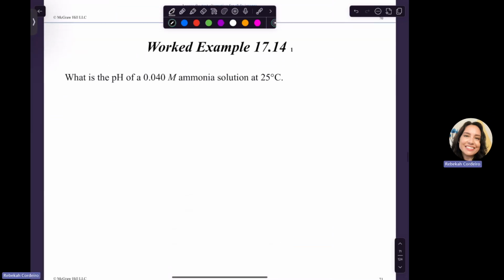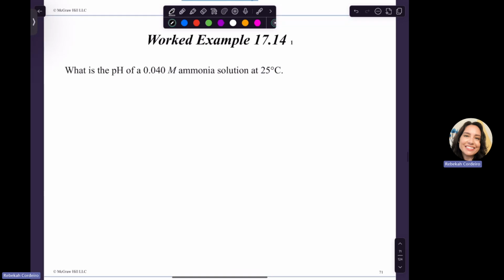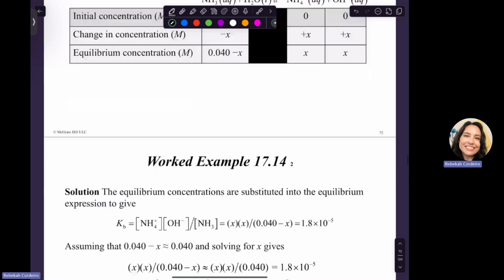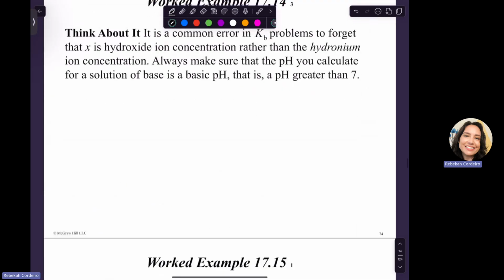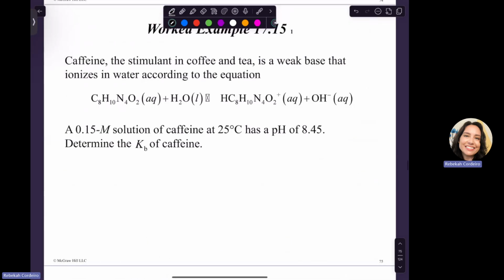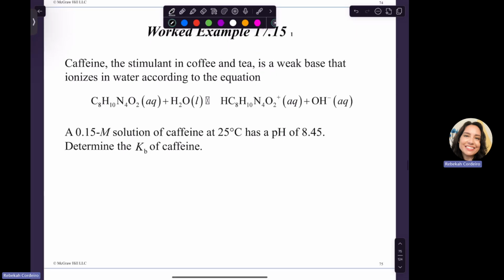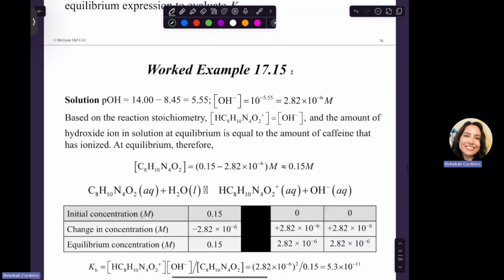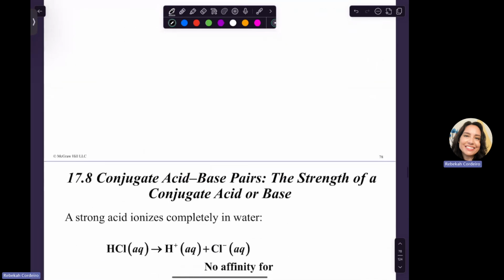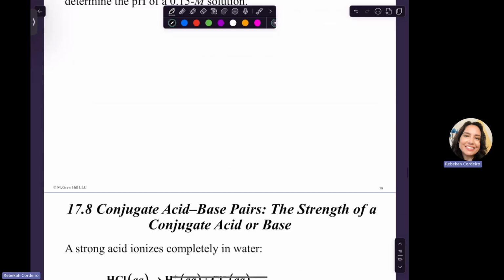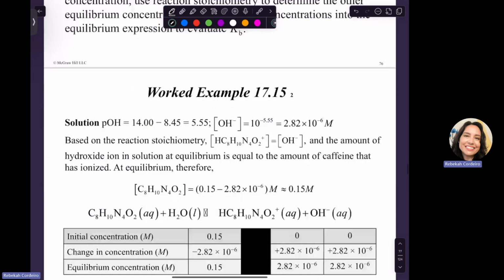You can go through this practice. We're going to do some of this in class, but there's some practice here. We're going to go through many of these in class, so don't spend too much time on them, unless you want to do both now and then also in class. But it's essentially the same ideas as what we were just talking about, but now we're talking about the base reactions. Okay. And we'll stop that here.